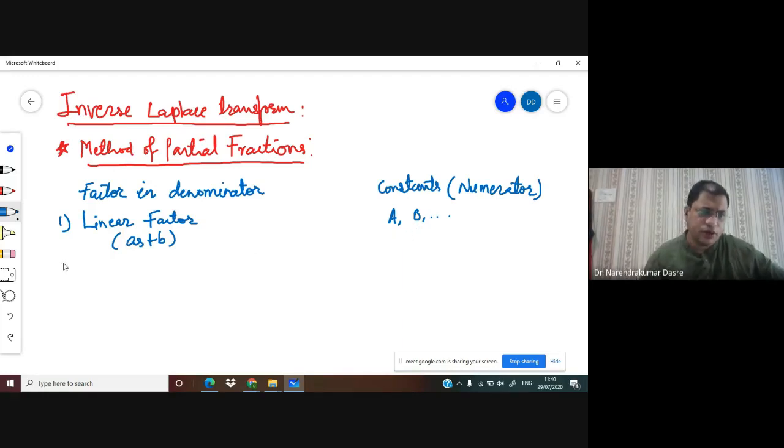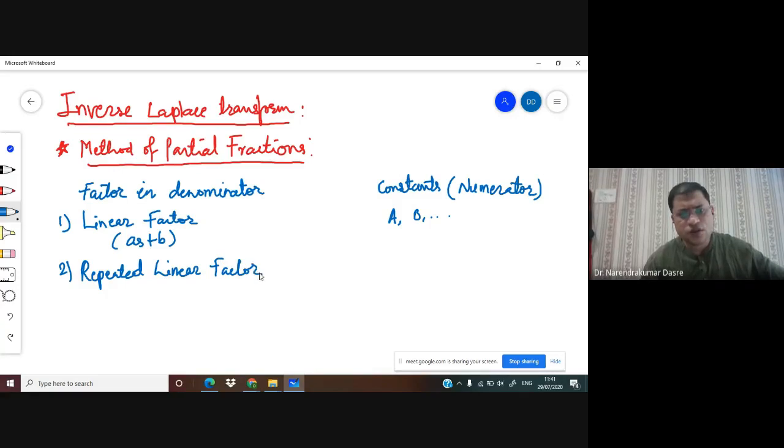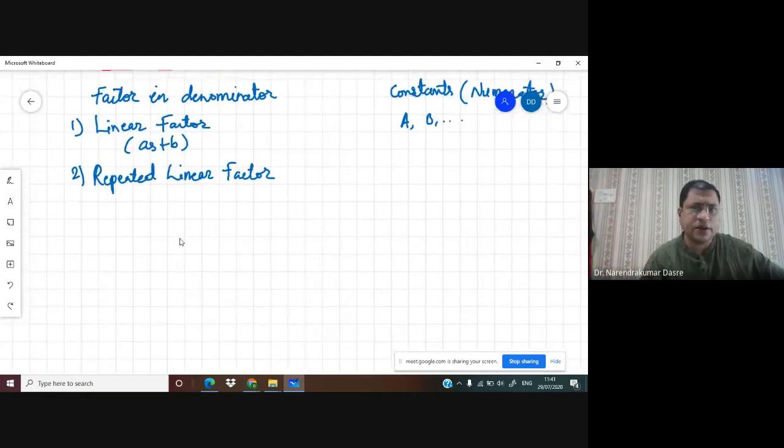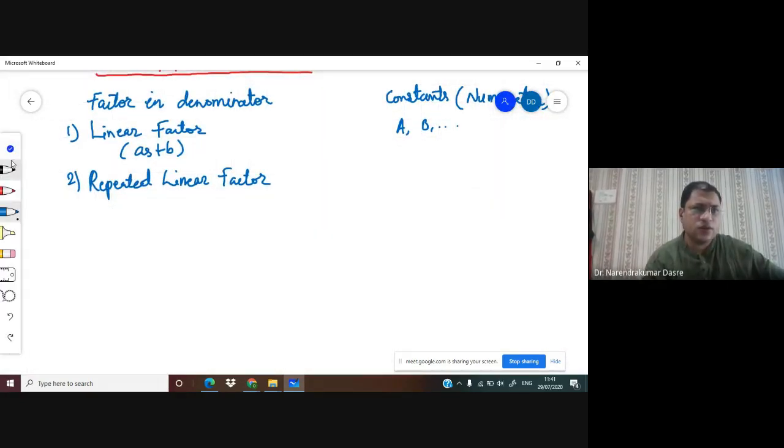Now the next case: we can have a repeated linear factor. For example, this factor is repeated. It will be like as plus b repeated r times.